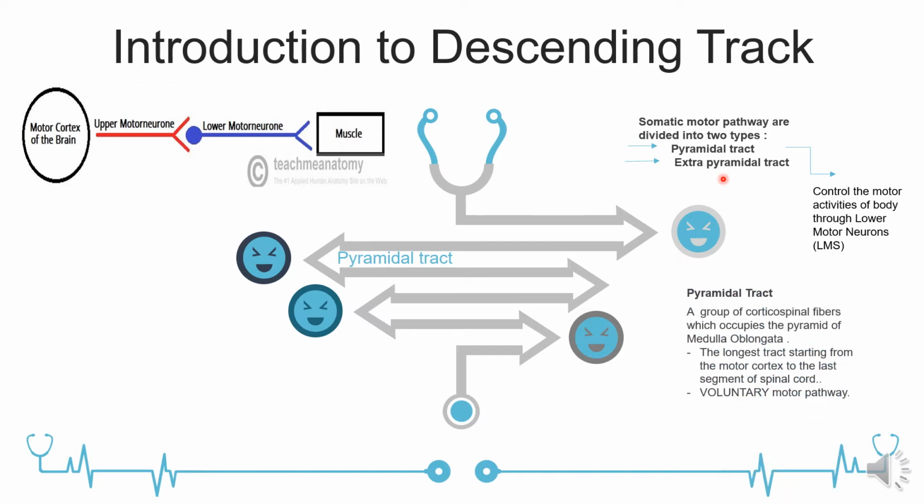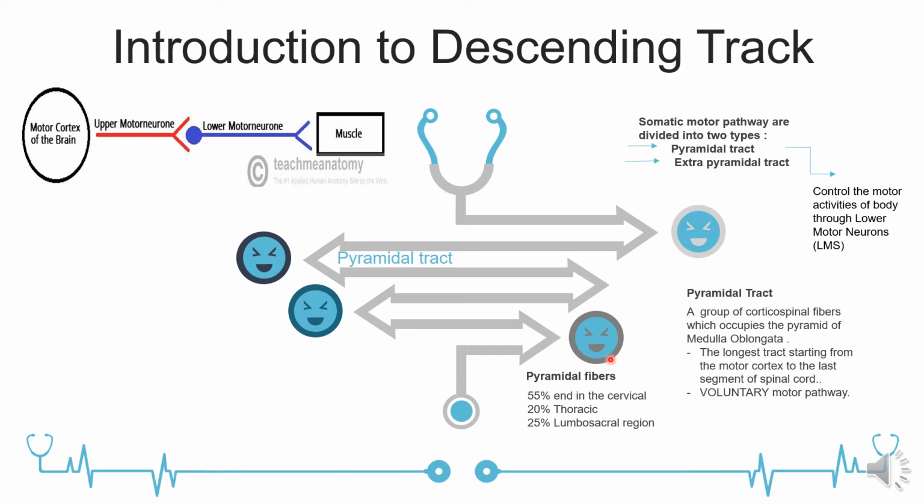So, we're going to look into the pyramidal tract. The pyramidal tract is a group of corticospinal fibers which occupy the pyramids of the medulla oblongata. The tract is the longest tract, starting from the motor cortex to the last segment of the spinal cord. So the pyramidal tract is the voluntary motor pathway.